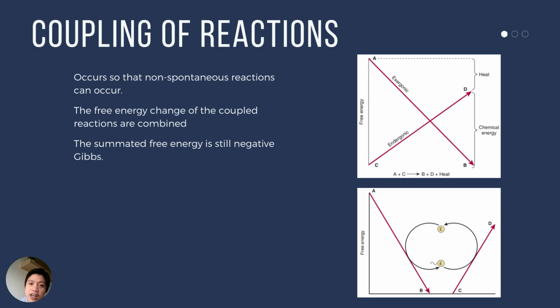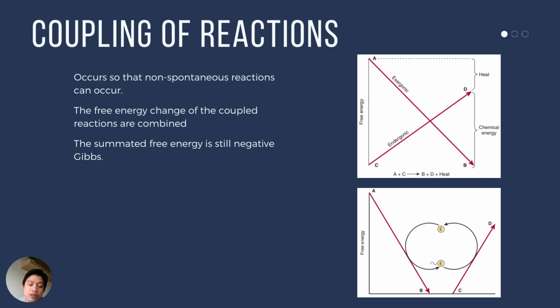So unahin nating tingnan yung line A to B. So this reaction is exergonic. The energy in A is high, and as it transforms into the product B, it releases energy. And so that is an exergonic reaction, so that B has a lower energy. Now let's take a look at the line C to D. That is an endergonic reaction.